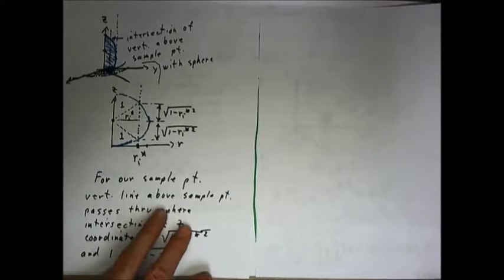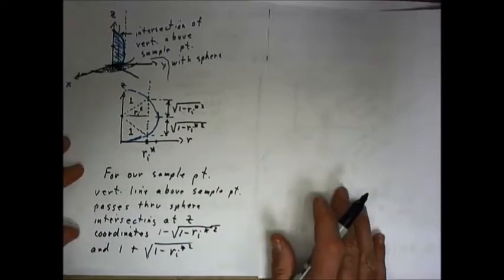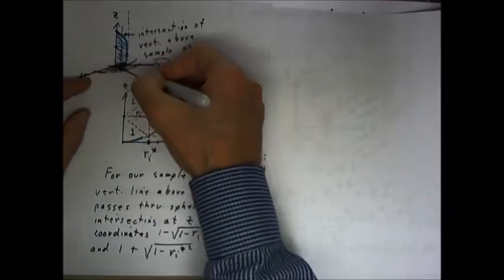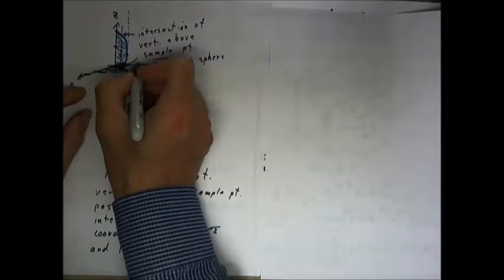It follows that our region can be described, as we've seen already, by the fact that our angle theta of this line with the x-axis runs from 0 to 2 pi.